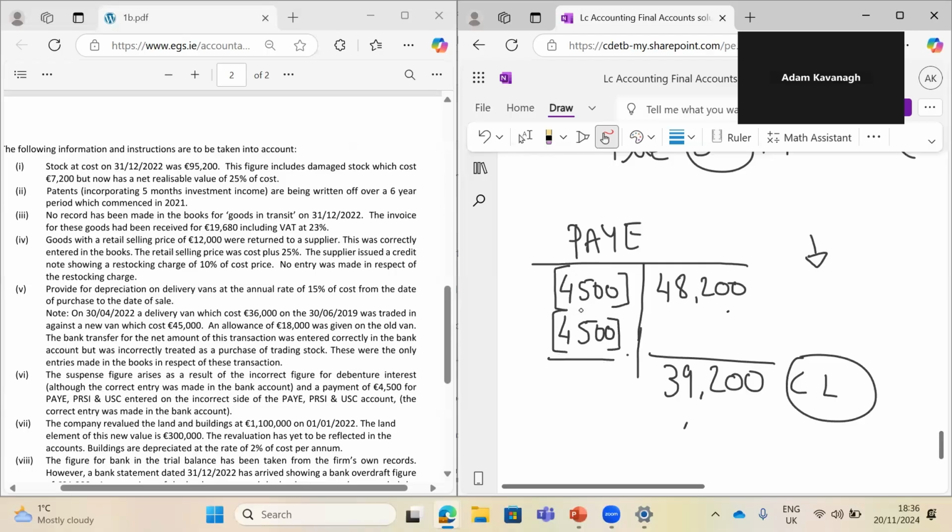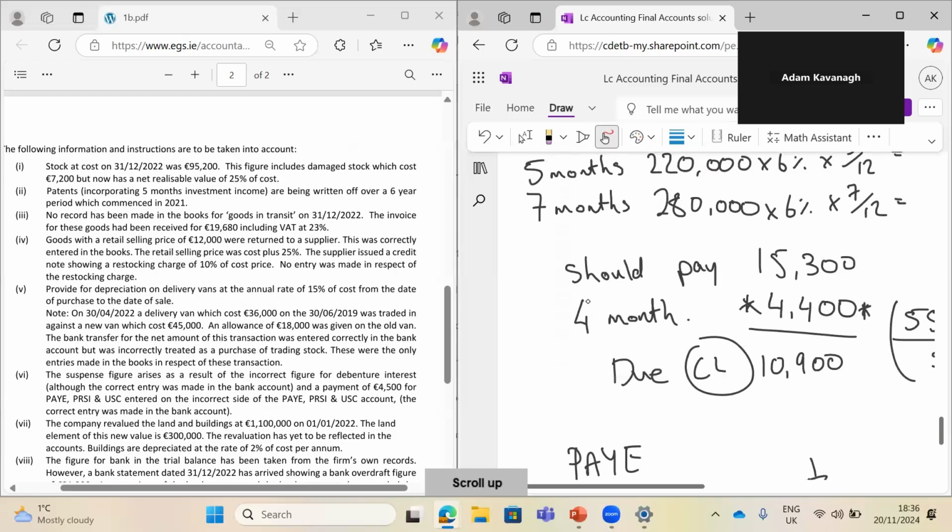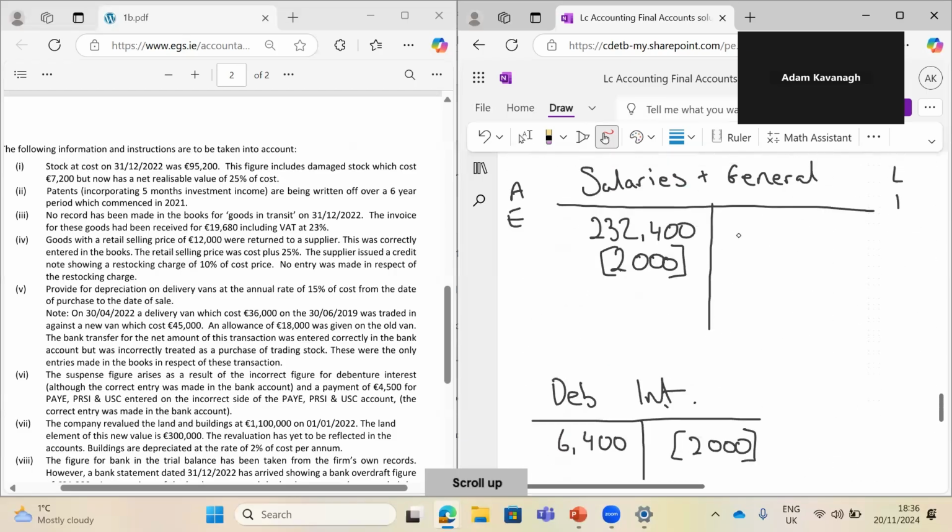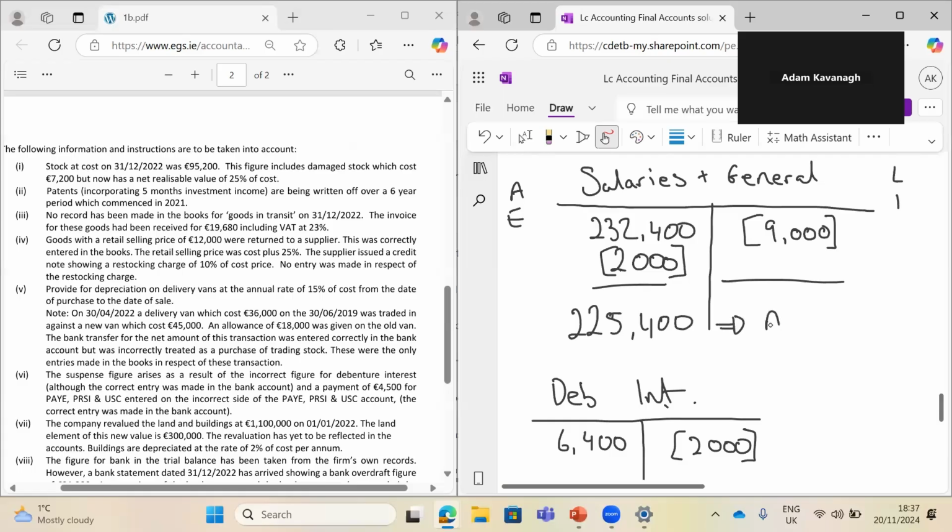And this 9,000 in total will go into suspense on the opposite side. So that 9,000 will go in here. Now if we add up the biggest side and minus the 9,000, we should come out with 225,400. And we know salaries in general is an admin expense.